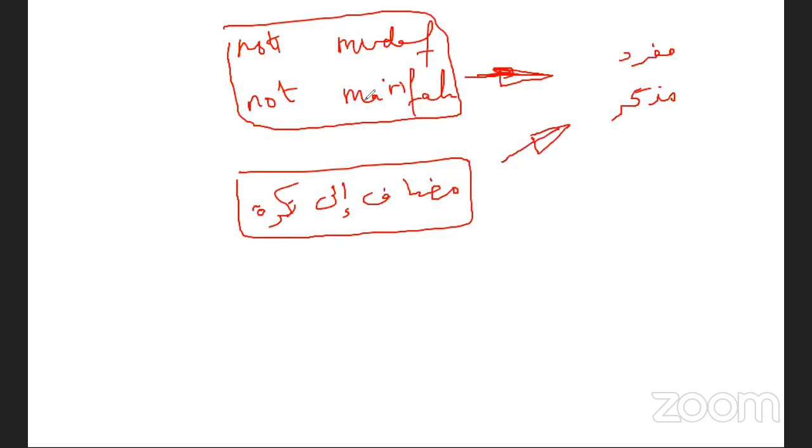If it's not mudaf and not ma'rifah, so it does not have alif or lam and it's not mudaf, then you have to use it as mufrad and mudhakkar. And secondly, if it is mudaf, but the mudaf ilayhi is nakira, meaning it doesn't have alif or lam, in that situation also the ism tafdil is going to be mufrad and mudhakkar. Right?